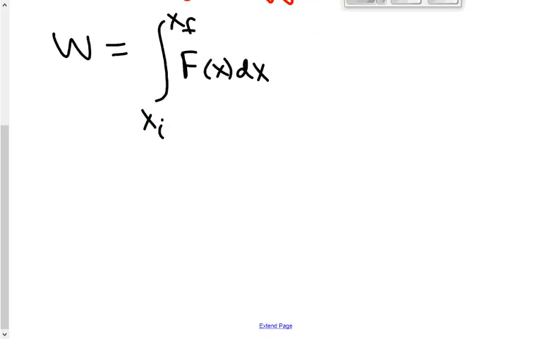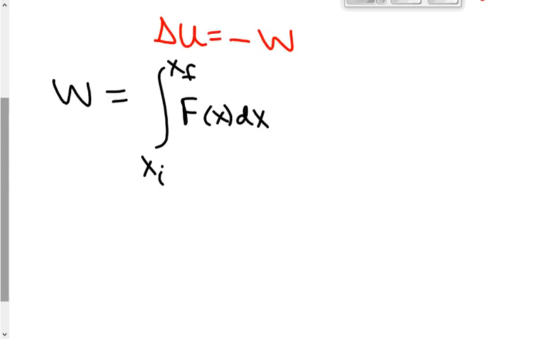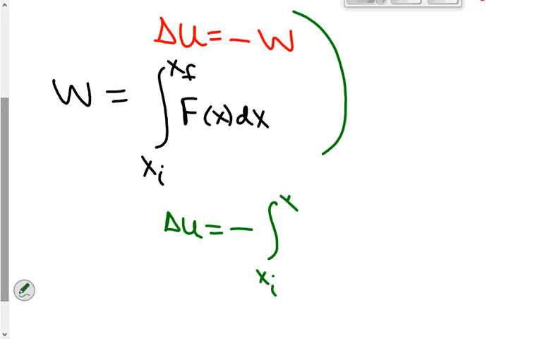Which means if I combine these two equations, then the change in potential energy is going to be the negative of the integral from x initial to x final of F of x dx.